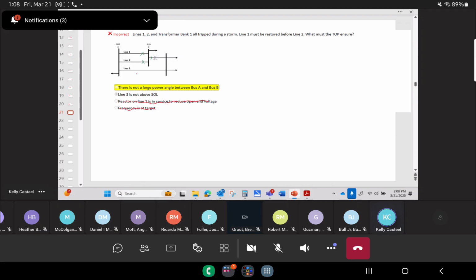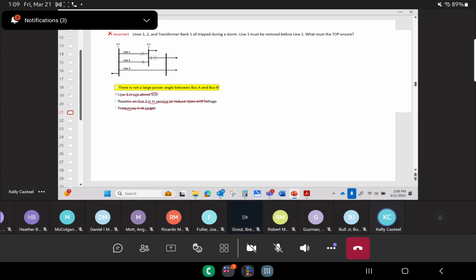Line 3 is not above system operating limit. If line 3 was above system operating limit, then getting line 1 and 2 back in service is actually going to help that. And if it was above the SOL, that's certainly not going to be preventing us from putting line 1 in service. That's actually going to help the situation. The sooner we can get everything back together, it's going to help the loading on line 3.